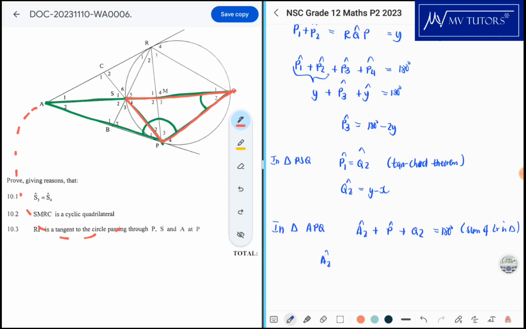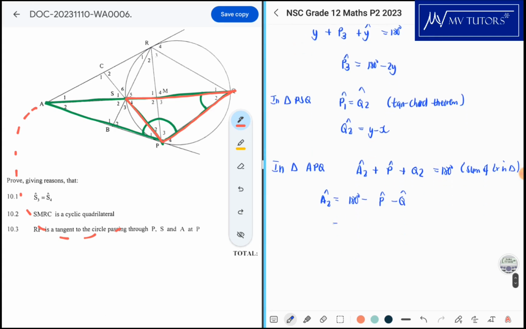A2 will be equal to 180 minus P minus Q, specifically Q2. So this P that I'm talking about, I'm referring to P1, P2, and P3 actually. And Q, I'm referring to Q2.